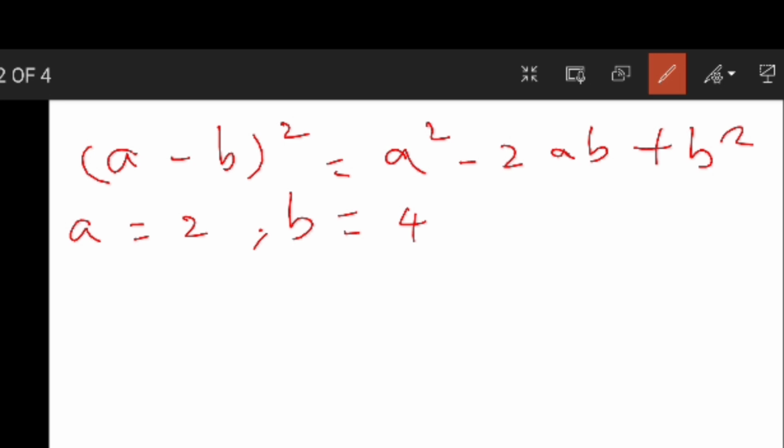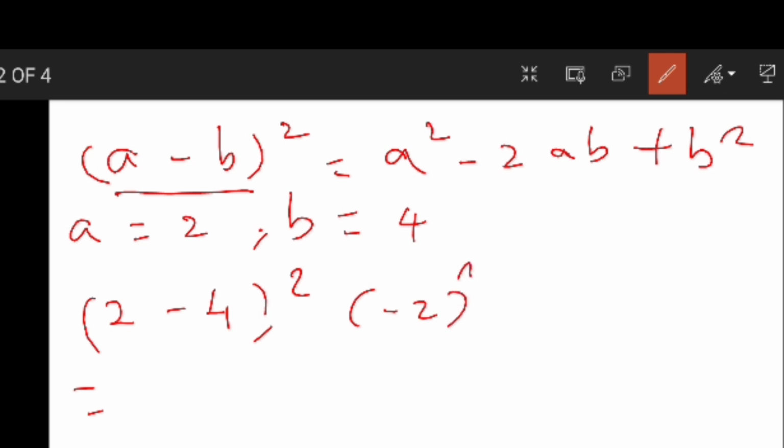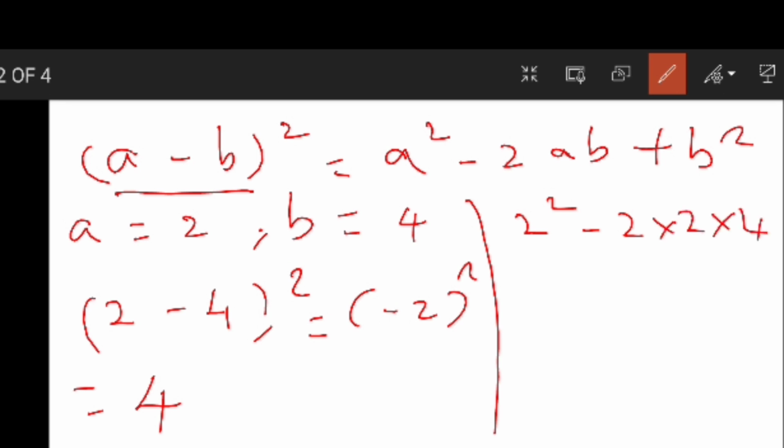Okay, so first I am going to substitute for LHS. So (2 minus 4) the whole squared is what? LHS, right? So 2 minus 4 is minus 2 and (minus 2) the whole squared, you will get 2 2s are 4 and minus will get cancelled, you will get 4. Okay, so next RHS. RHS is what? a squared means 2 squared, minus 2 into, again a is 2 and b is 4, right?